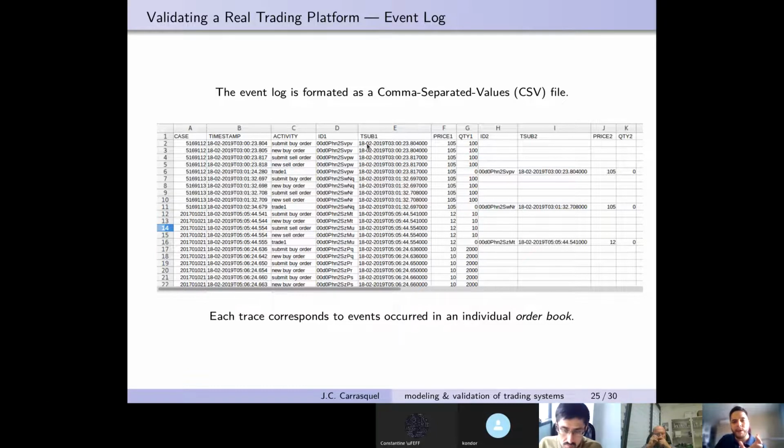T1 is when that object was submitted, which was the price that it's trading, and which is the quantity of stocks. And when you see that there are 8 values in 8 columns, for example, this corresponds to a trade. It means that the order with ID1 traded with the order with ID2. So we have events where only one object is involved, or events where 2 objects are involved.